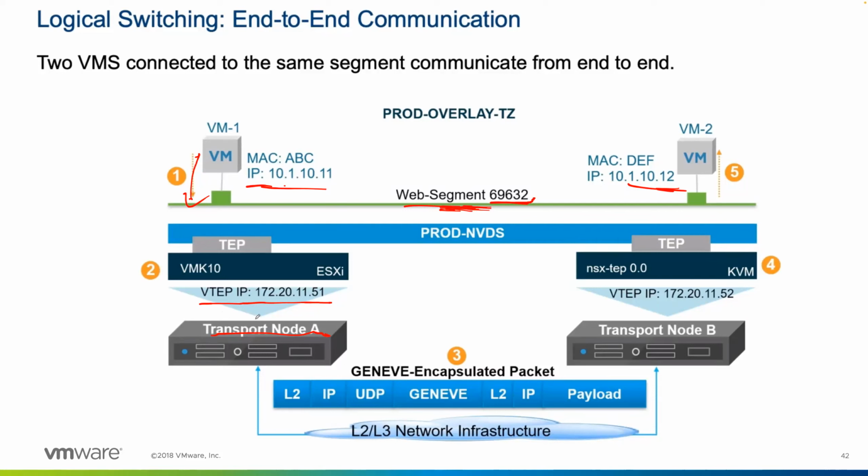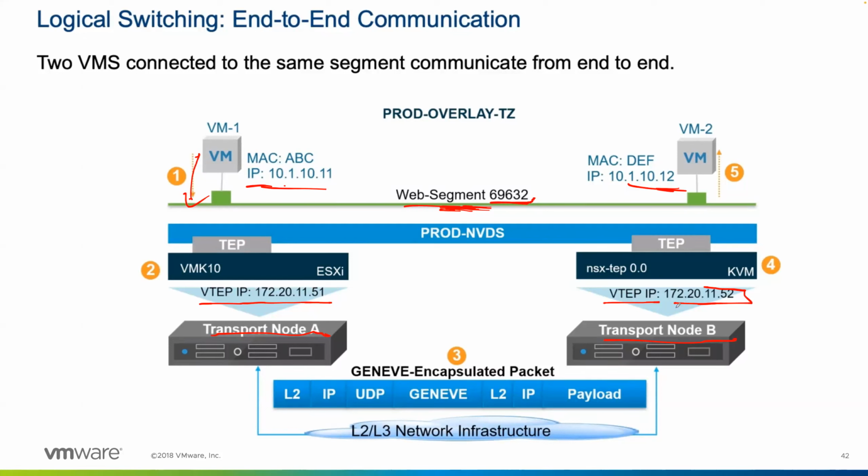Because the transport node has the 3 tables, it knows that the destination 10.1.1.12 is sitting on transport node B, whose VTEP IP is 1152.